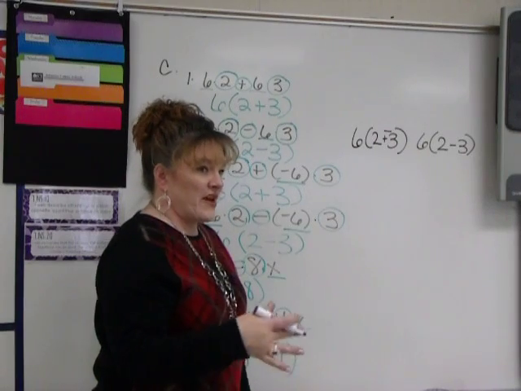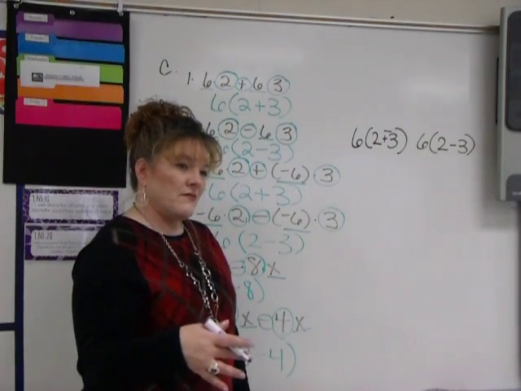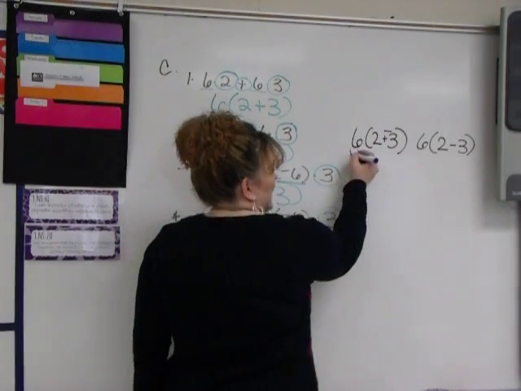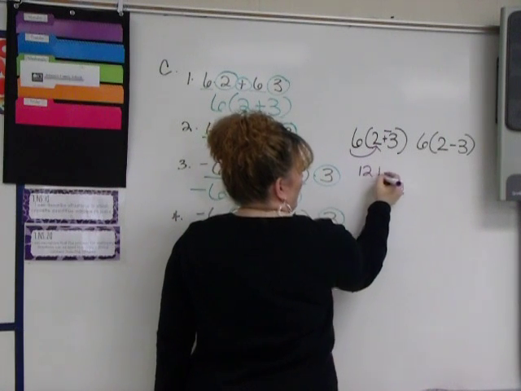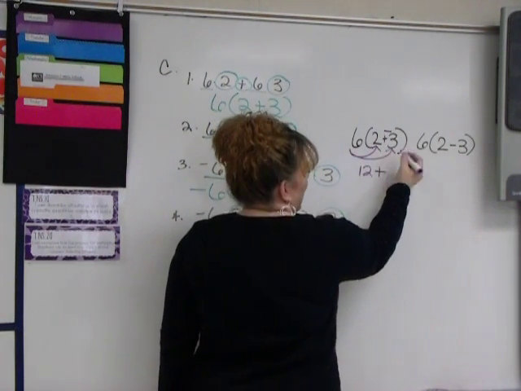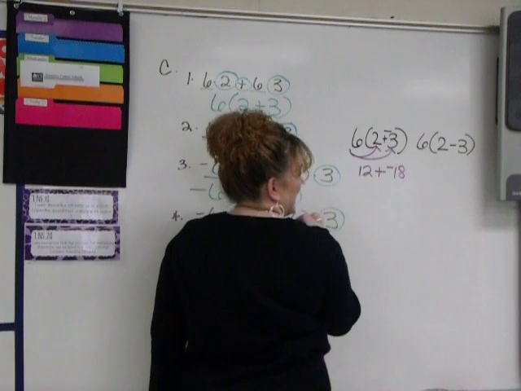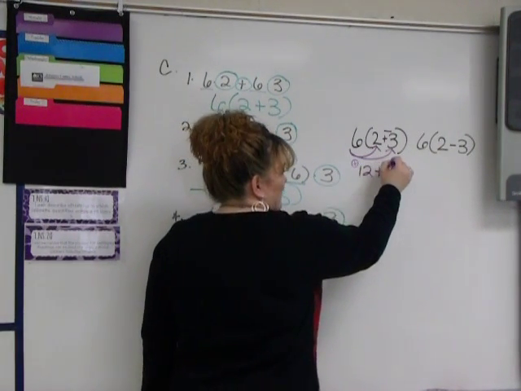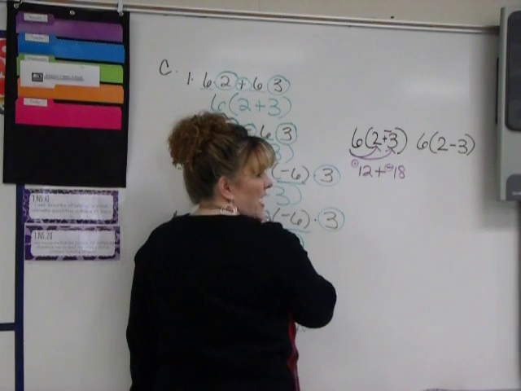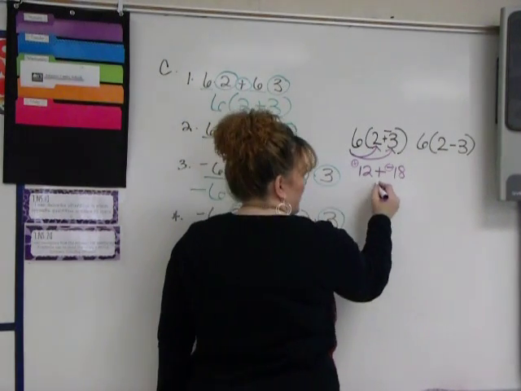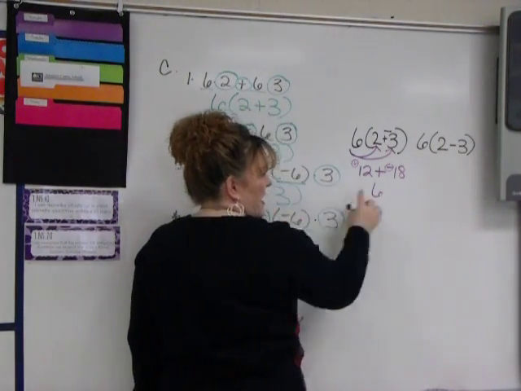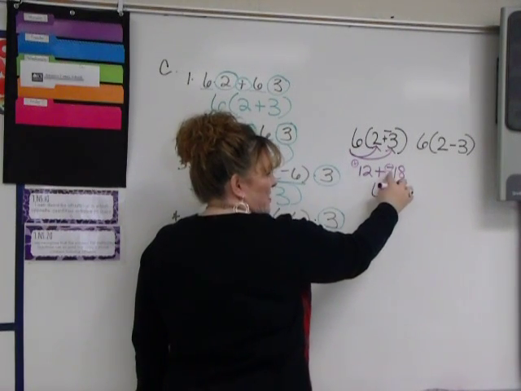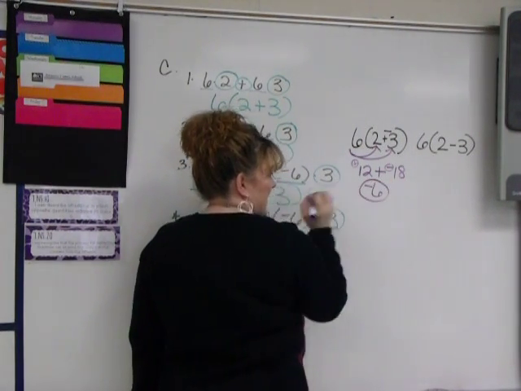And then distribute. Then we would go 6 times 2 is 12, plus 6 times -3 is -18. Then our signs are different, so we subtract. 18 minus 12 is 6. And the higher absolute value is negative, so it's a -6.